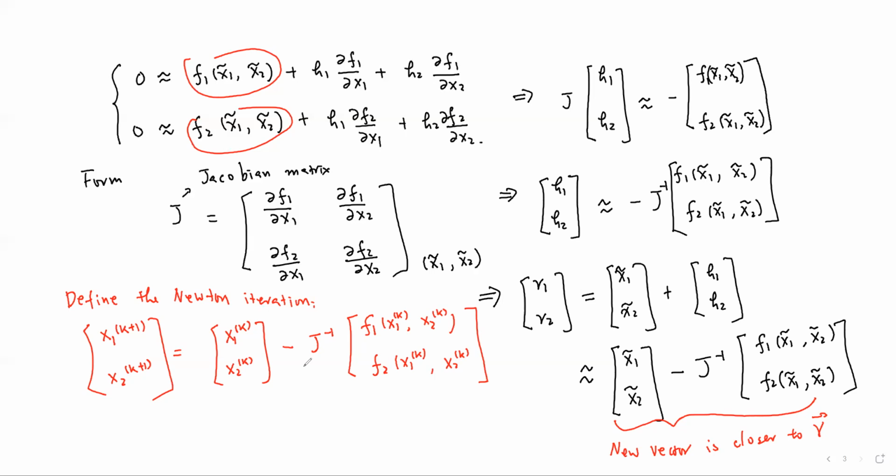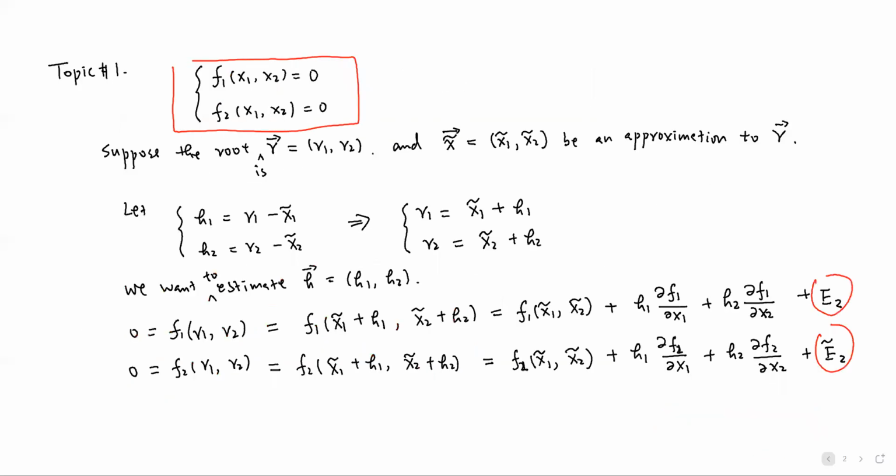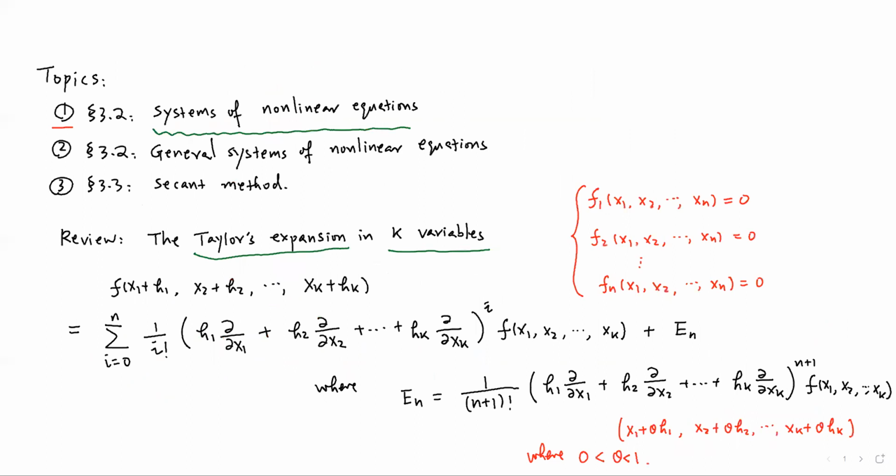Now, second topic. How about the general system of nonlinear equations? Very similar. The difference is we use Taylor's expansion in k variables. Now, second topic, general system of nonlinear equations. Actually, this is very, very general.